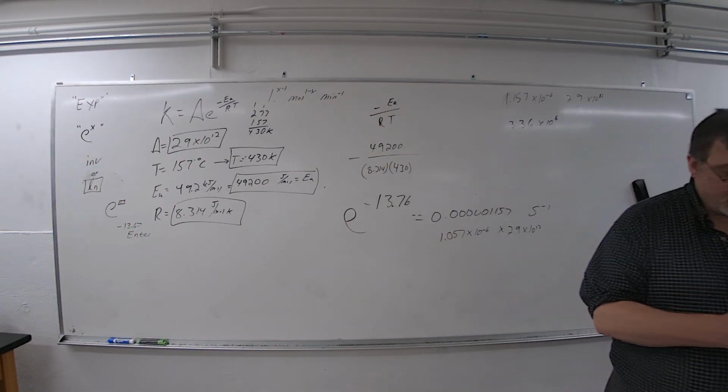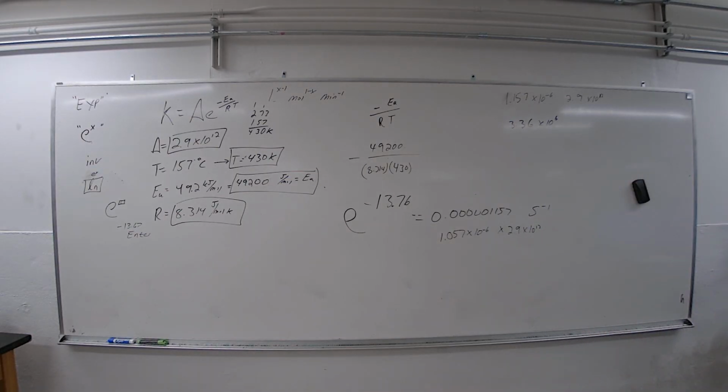All right, where's the backspace on here? Times. What is it, 430? Without rounding, it should be closer.